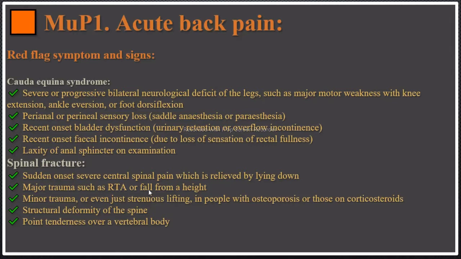So maybe traumatic, or maybe non-traumatic osteoporosis, or those on corticosteroid. So if they mention in the scenario, the patient has, for example, using steroid, and he has fracture, sudden onset central pain. So think about osteoporosis, think about also non-traumatic fracture.